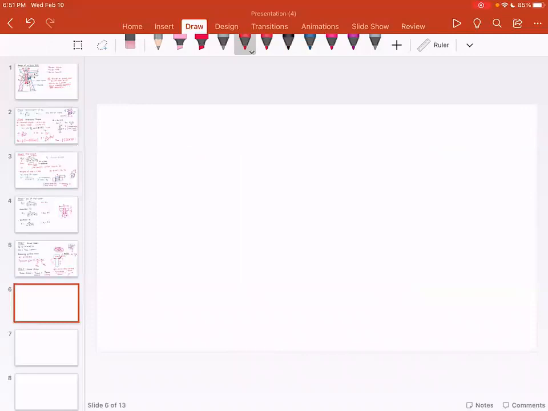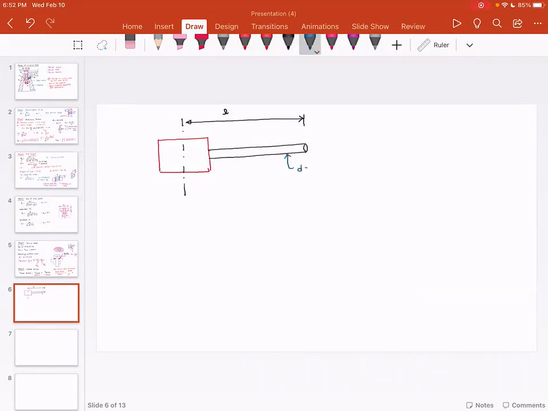So let's look at the handle design. You have this head, and then there is this handle. I'm going to use a circular handle, and from the previous step we found out the length of the handle. So this length is known. Now I want to find out the diameter of the handle. This can be done using simple bending.